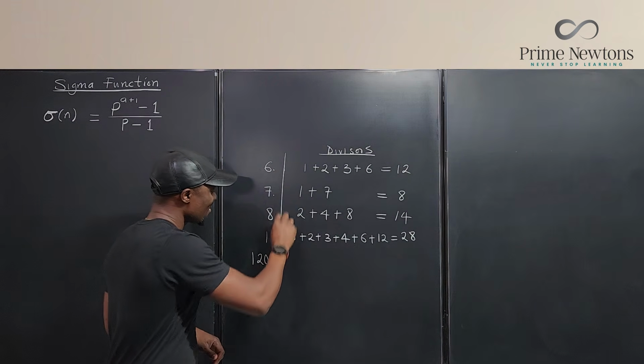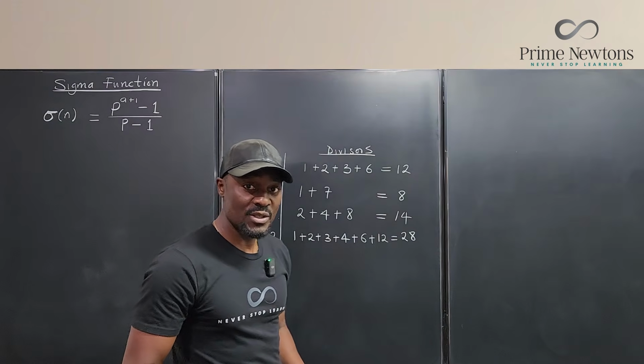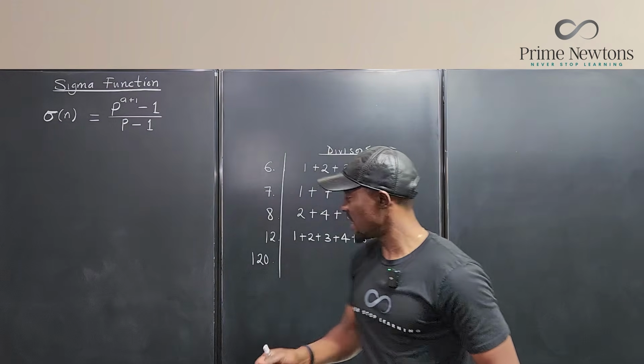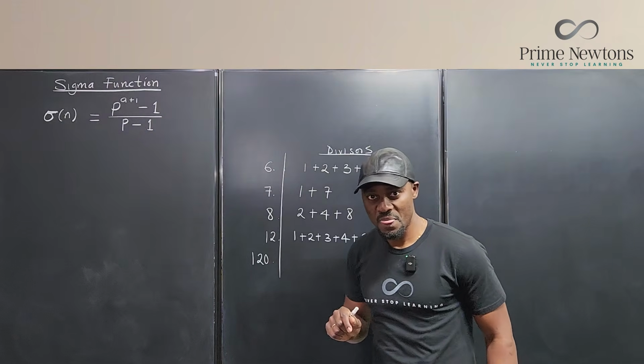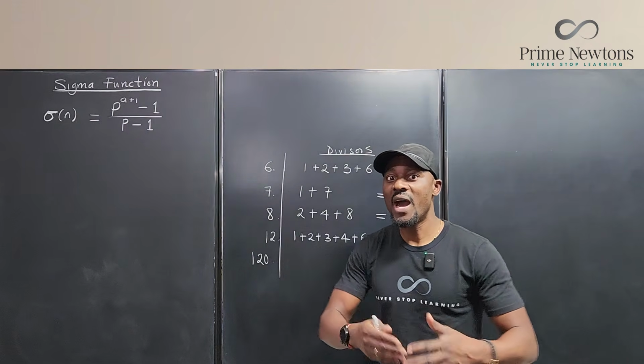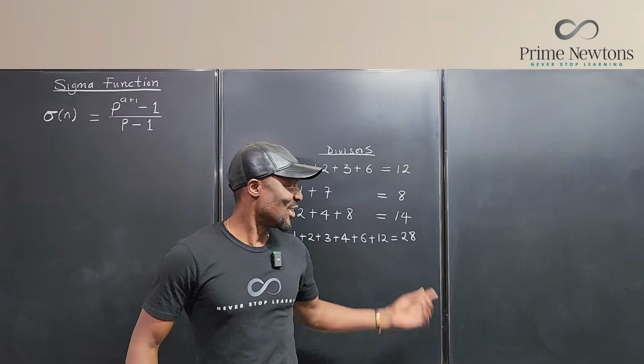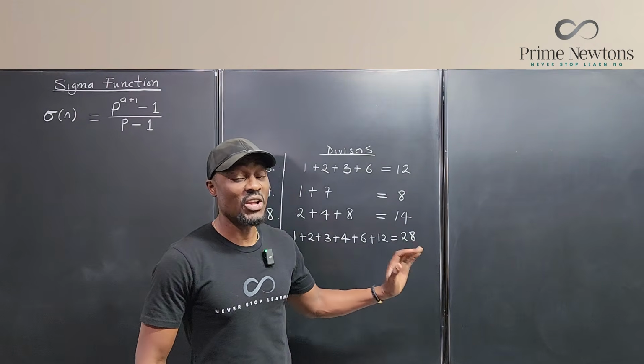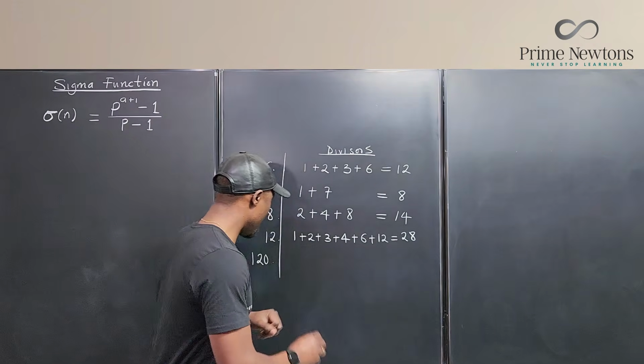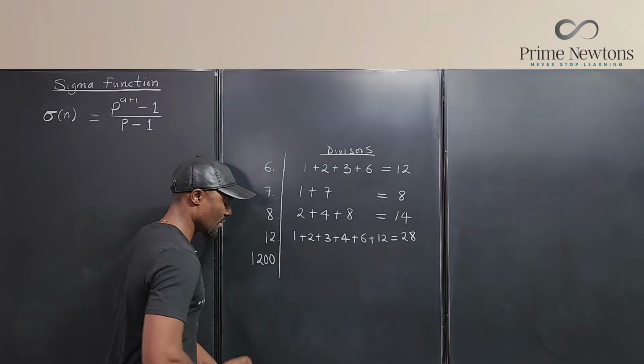So the problem with 120 is not that we cannot list out these numbers. The problem is that while listing out the numbers, you might forget to include a number, and that nullifies your answer. What if I add one more 0 to this?